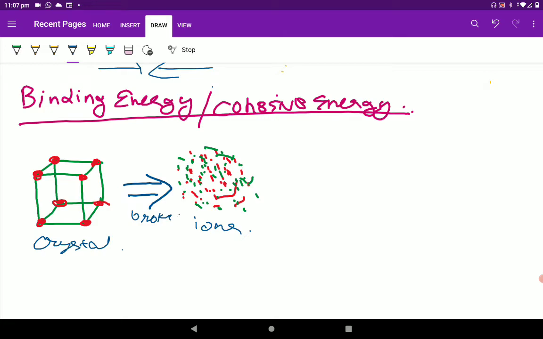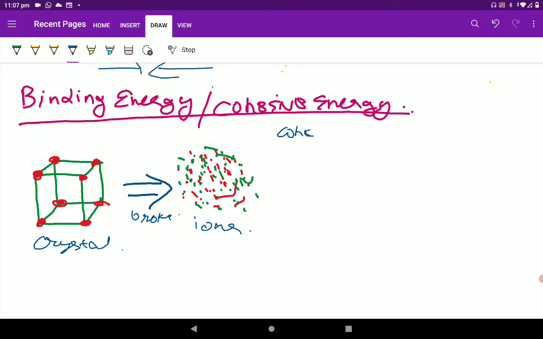So the cohesive energy of a crystal is the energy that must be added to the crystal to separate its components into several free atoms at rest and at infinite separation. I think I should write the definition.